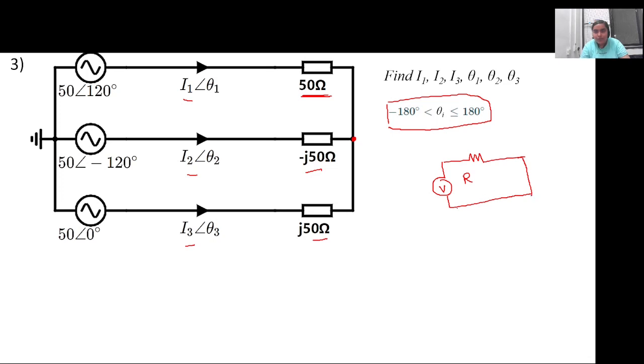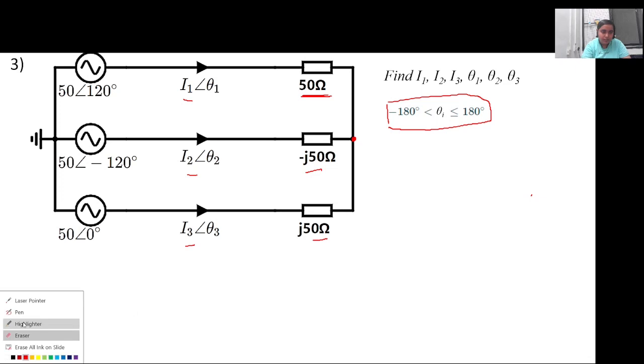In this case, suppose it is somewhat like this. Let me just use the eraser. In this case, the circuit is kind of like this.